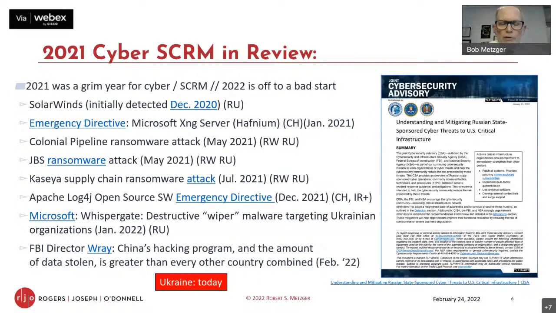We're going to learn some interesting things even going through this quickly. SolarWinds is first. We're going to see that most of the most painful events had either Russia or Russian actors taking the initiative, and several had China actors.